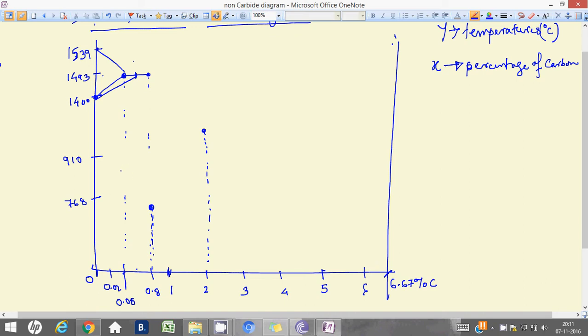What we will do is join these two. Just a minute, it's getting curved. Sorry, it should be perfectly a straight line actually.